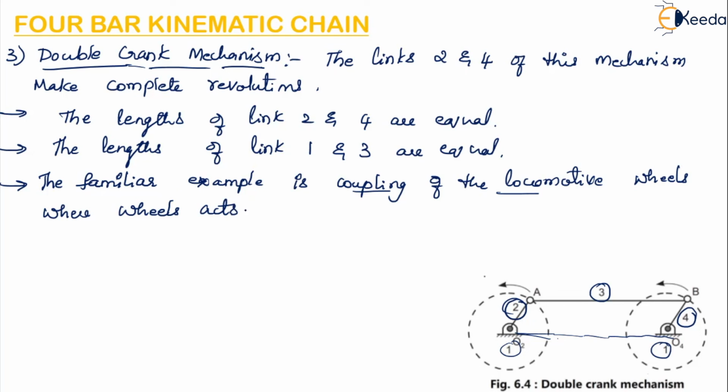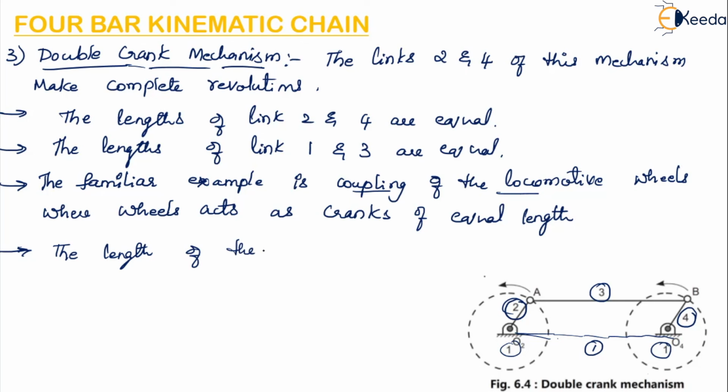Here the wheels act as cranks of equal length. As I have told you, in the double crank mechanism the lengths of both cranks are equal. Then link 1 and link 3 act as the coupling rod in this example.